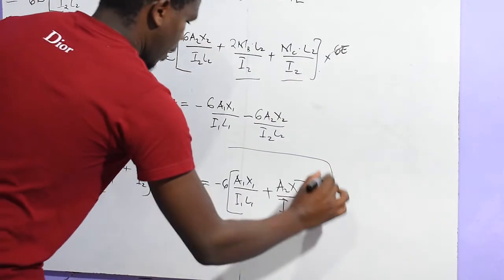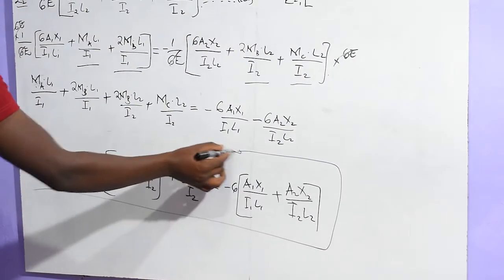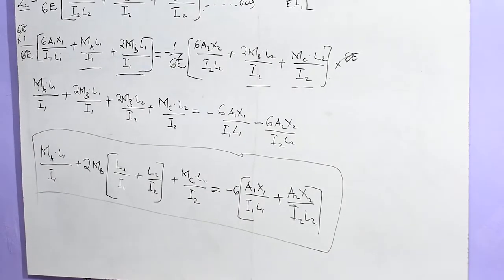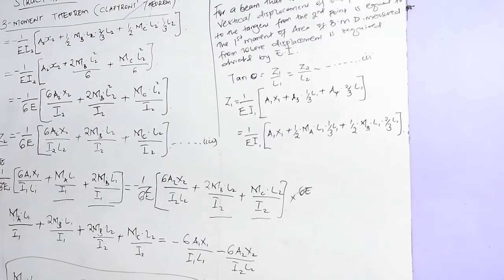And this is our 3-moment equation. This formula will enable you to calculate the moments for continuous beams.